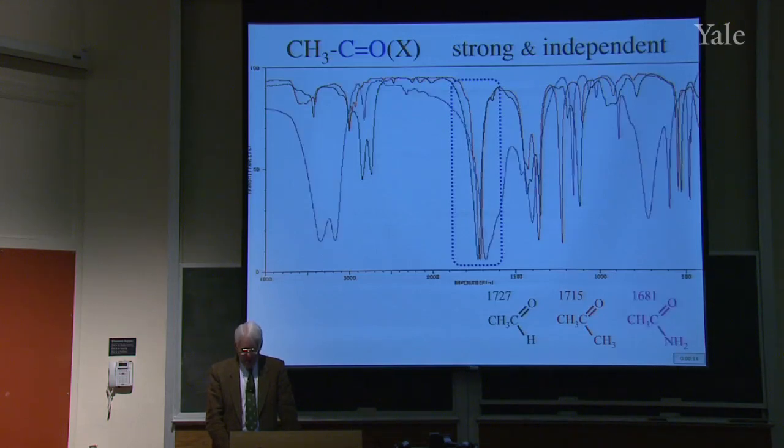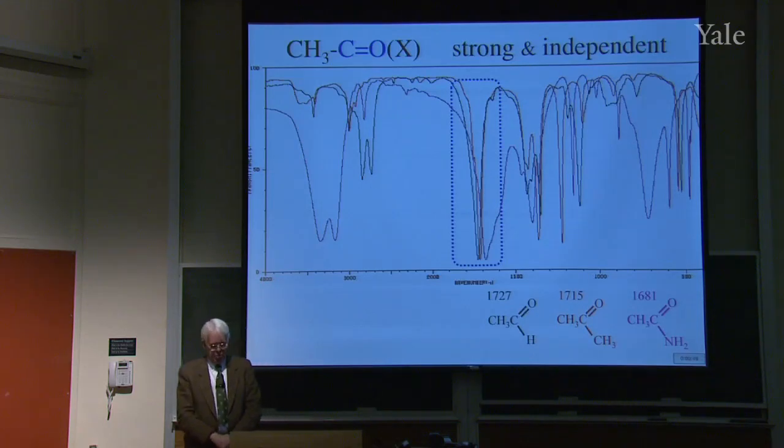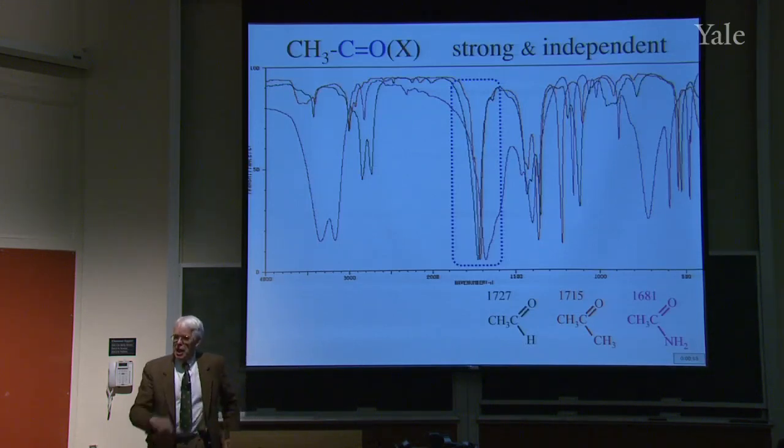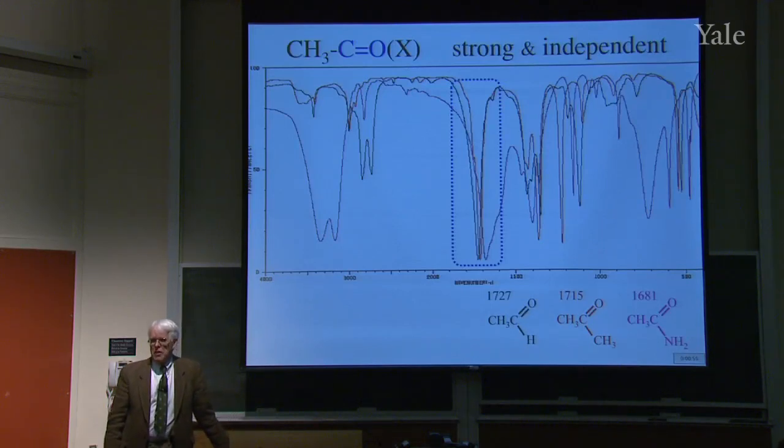Okay, now here's an amide where we put a nitrogen on the carbon-oxygen double bond. Now that went to a substantially lower frequency, 1681. Why should the CO double bond of an amide be weak and vibrate at lower frequency, a weaker spring? Anybody got an idea how the nitrogen would do that to the CO double bond? Yeet, how about you?